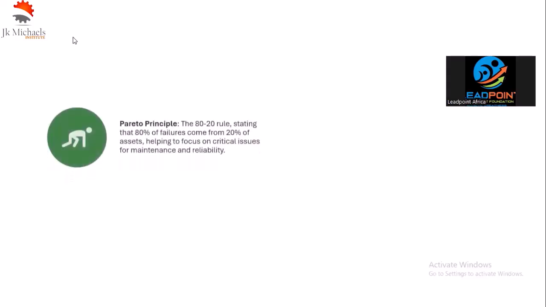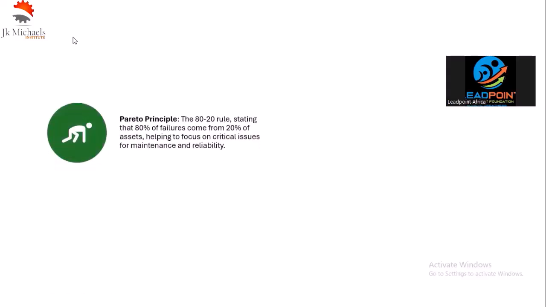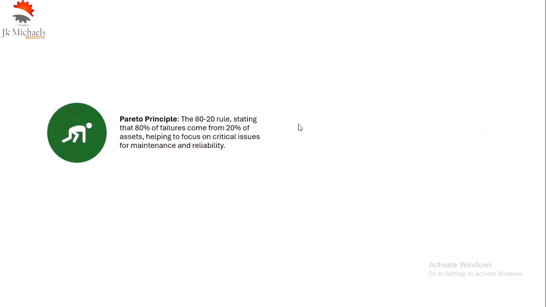Now, moving forward, we have also tools like the Pareto principle. Now, the Pareto principle is pretty straightforward. It feeds off the 80-20 principle that says that 80% of inputs will generate only 20% of outputs, while 20% of inputs will generate 80% of outputs, right?